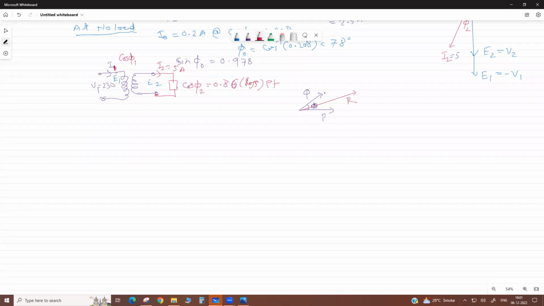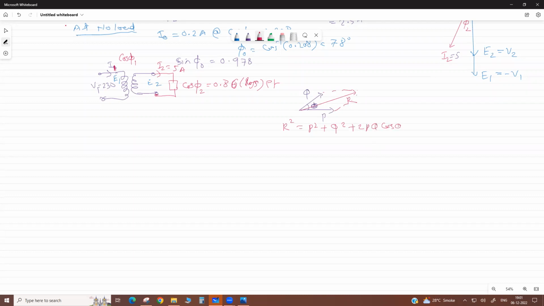This is the resultant R of these two vectors. It is very simple. We calculate R square equals P square plus Q square plus twice PQ cos theta.